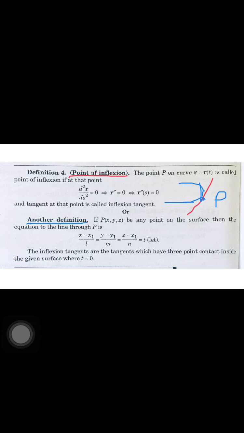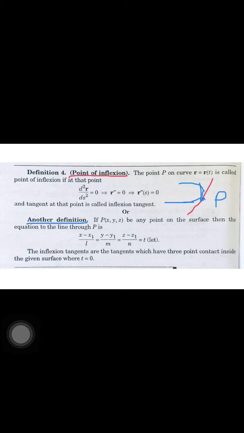Here, we take a point P on the curve r equals r(t), called a point of inflection at the point if the second differentiation d2r over ds square, where s is the arc length, becomes 0.